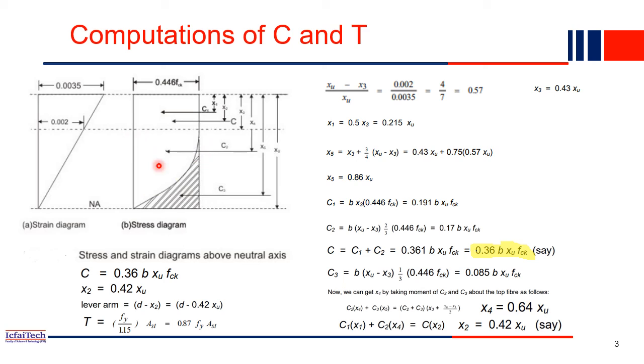C2 is this portion, so C2 into distance. The distance is how much? x4, right? That's why it is written. The moment is C2 into x4. C2 is the force here and the distance is x4. Plus C3 into x5, the distance is x5. So this is the moment we are taking. So the moment of this part and this part equals C2 plus C3.